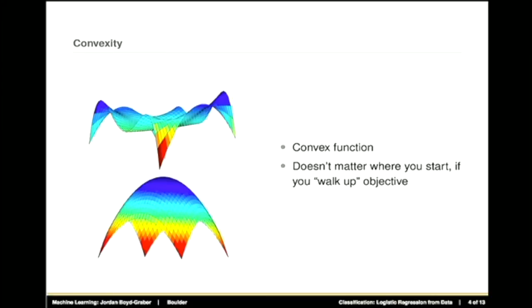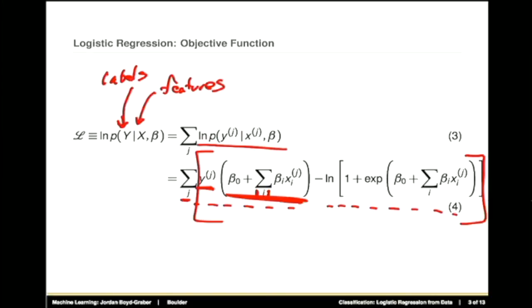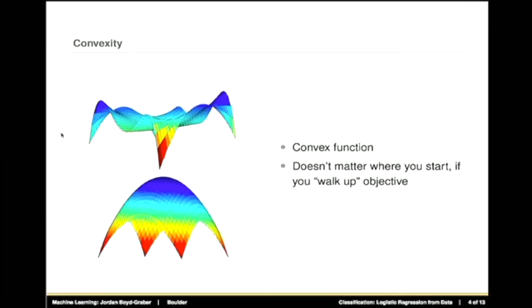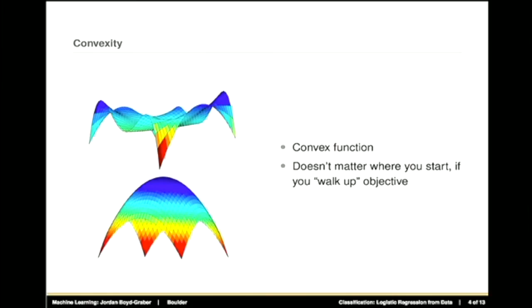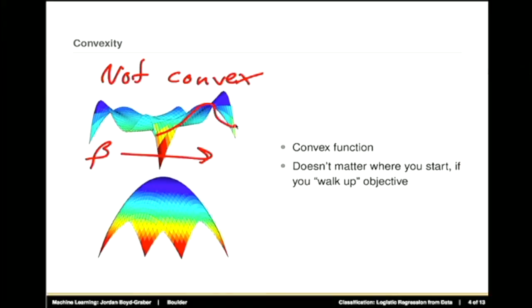Okay, so we want to find the betas that make this function as big as possible. So what we're going to do is take advantage of the fact that this happens to be a convex function. So this is not convex. As we change beta, the function goes up and it goes down and it goes up again.